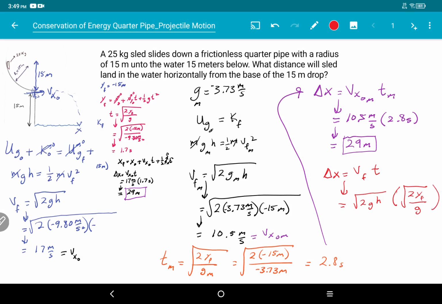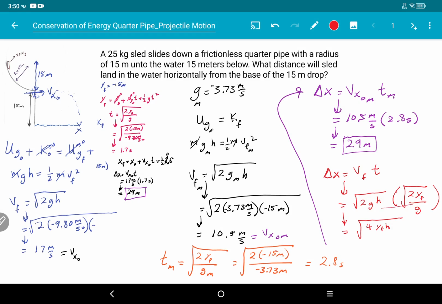Well, these are two roots, and if you pay attention to this carefully, you're going to have 2 times 2, that's 4. You're going to have y final times h over nothing because the g's are going to cancel.